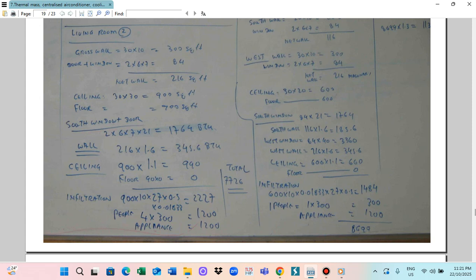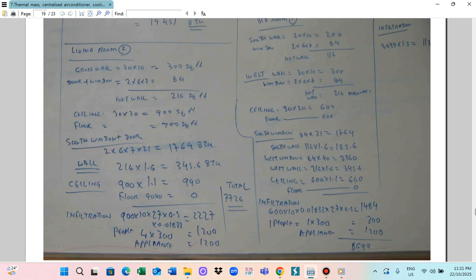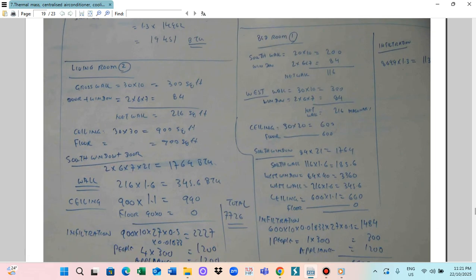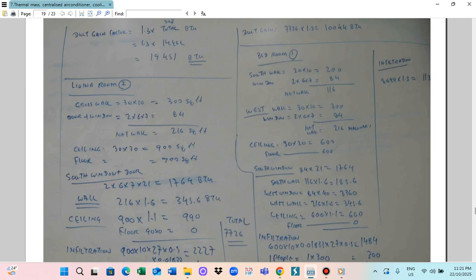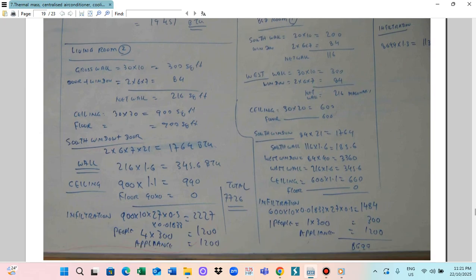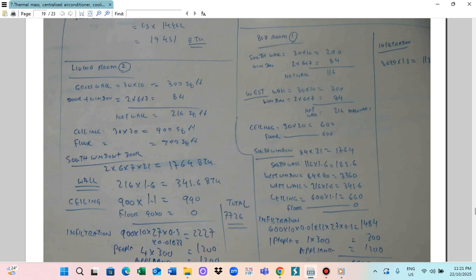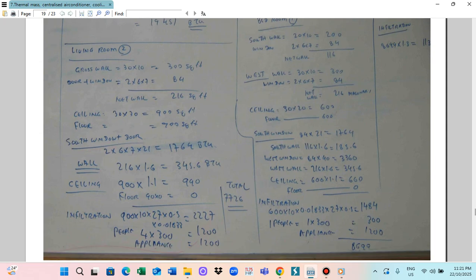You could also omit this, but now we assume we have some appliances in living room 2, so the appliance power produced is 1200. Okay, you add everything.